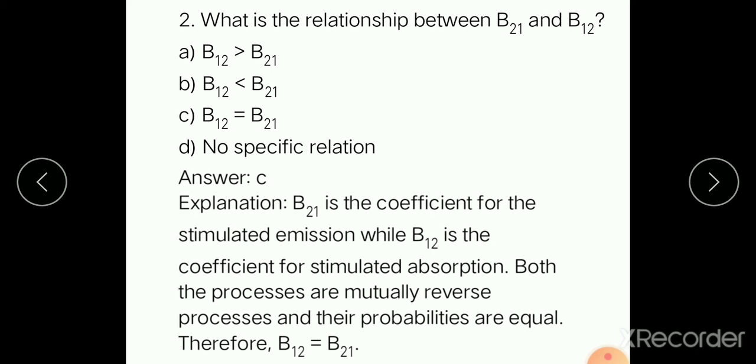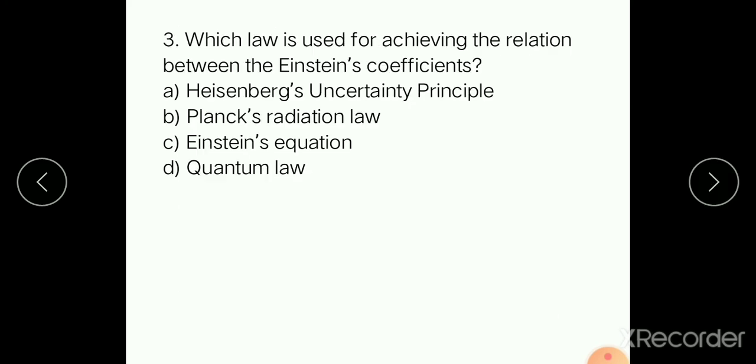Option C is the right answer. B21 is the coefficient for the stimulated emission, while B12 is the coefficient for stimulated absorption. Both the processes are mutually reverse processes and their probabilities are equal. Therefore, B12 is equal to B21.